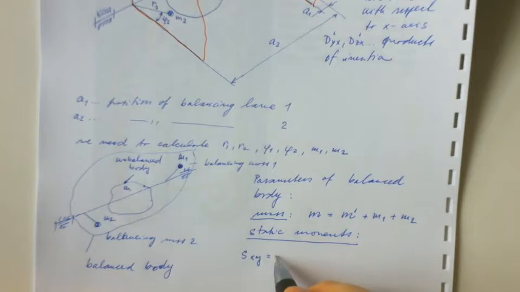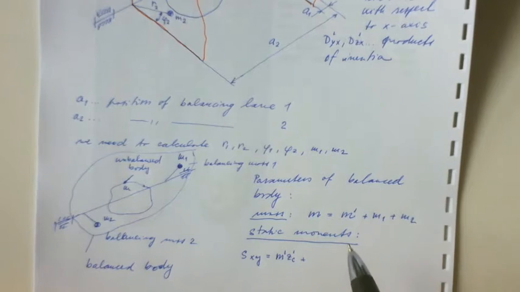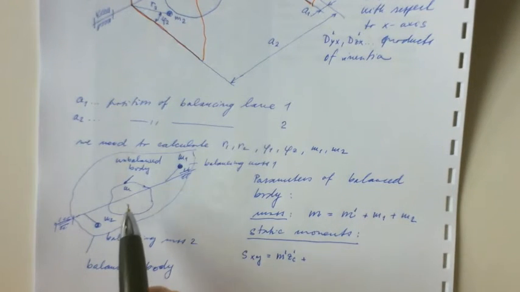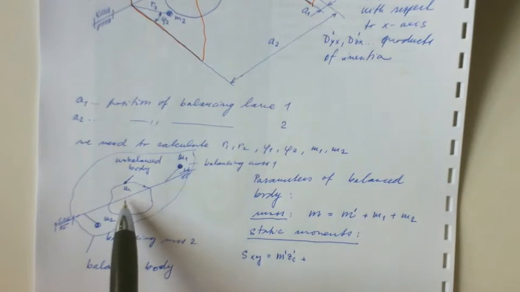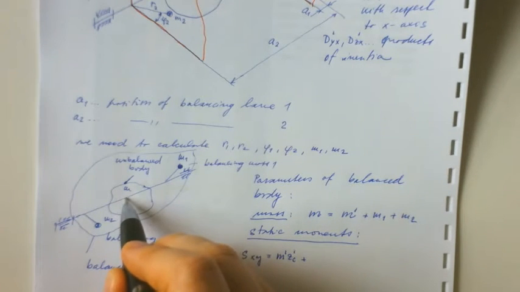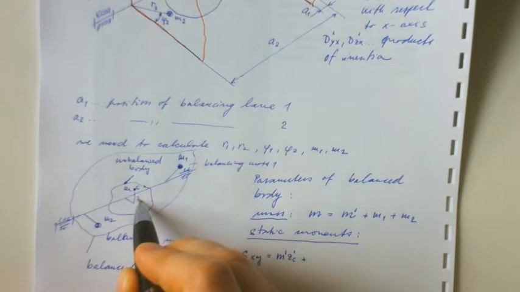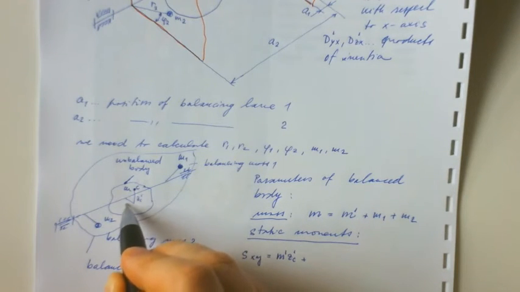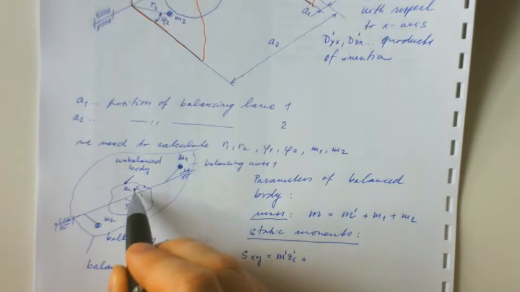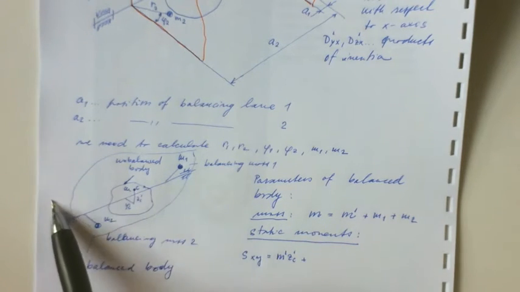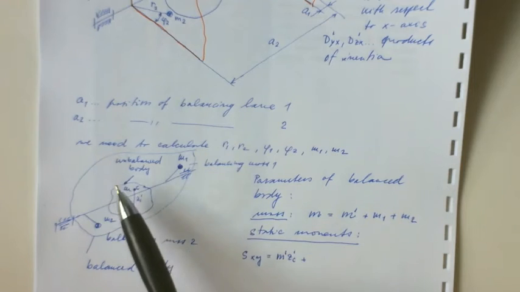So it is m by zc prime, the mass of the unbalanced body by zc, and zc is here. There is the center of mass, and there is zc prime, yc prime. So we consider z coordinates.